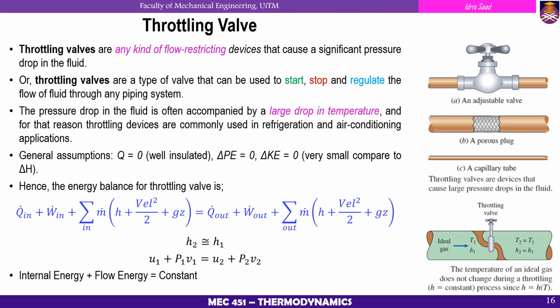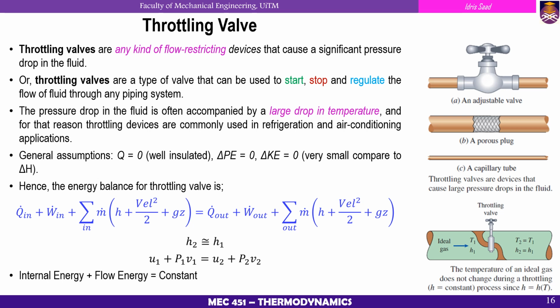Now we will discuss the throttling valve. Basically, the throttling valve is defined as any kind of flow restricting device that causes a significant pressure drop in the fluid flow. The simplest example that we use every day is the adjustable water pipe valve, as shown in the top figure.